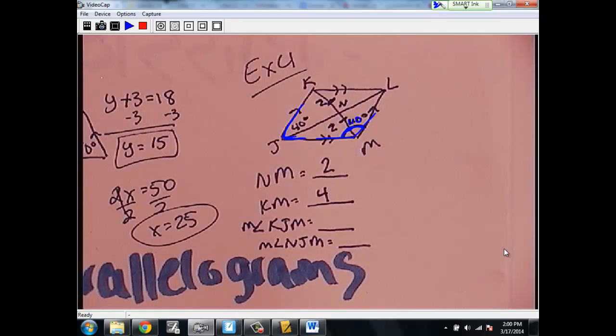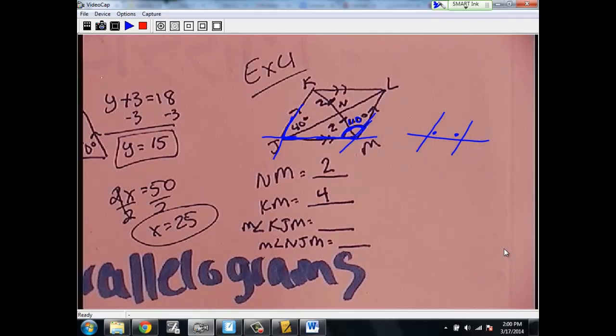Okay. So, I'm going to make you think all the way back to first trimester. If I have this transversal going through here, what do I call these kind of angles? Consecutive interior. And what's another name for consecutive interior? Same side interior, right?